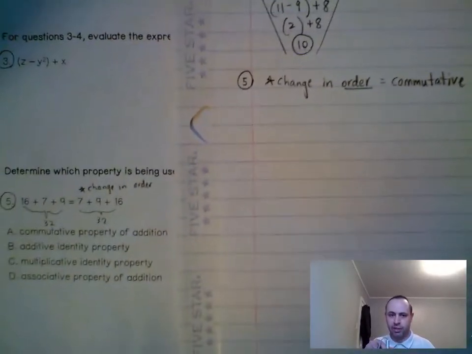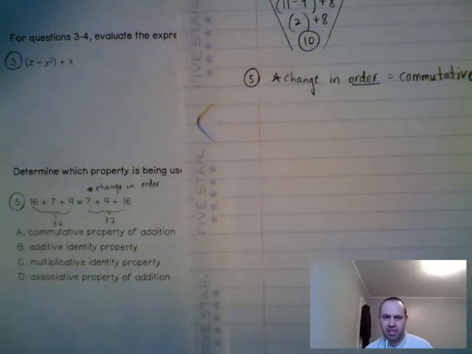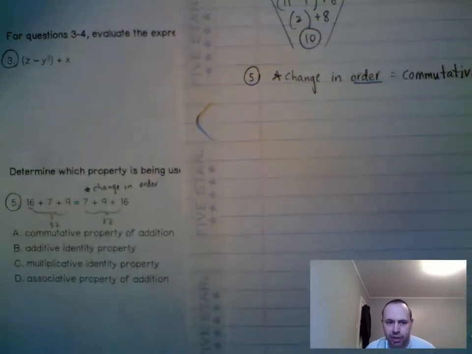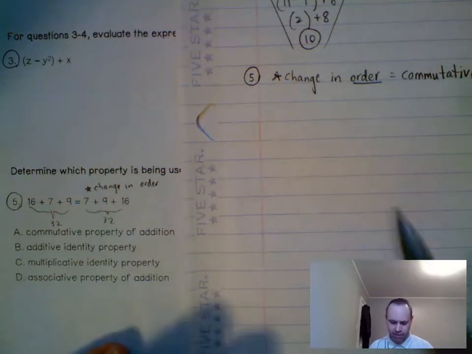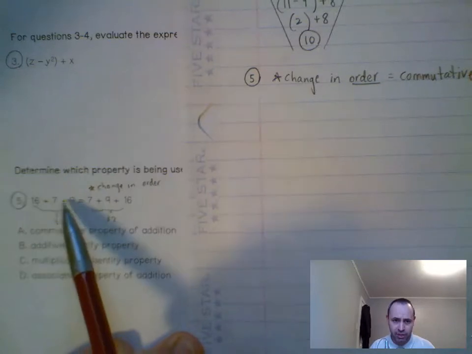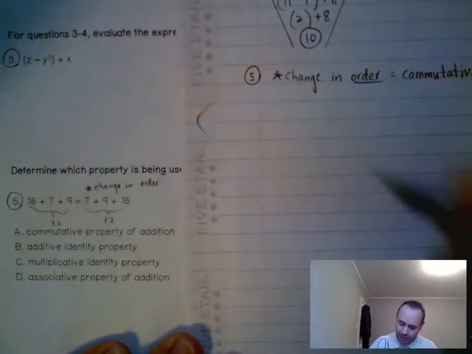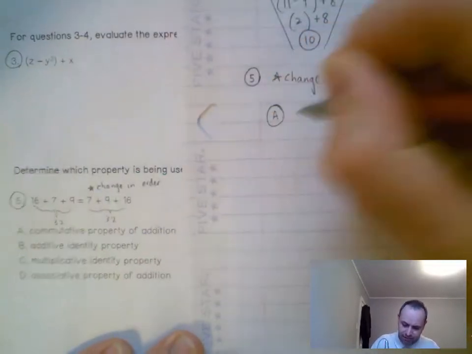All right, so in problem number 5, we changed the order in which the numbers came, but they both still gave us 32 on each side. So this would be the commutative property, and since we're dealing with the adding symbols, the pluses, that would be the commutative property of addition.